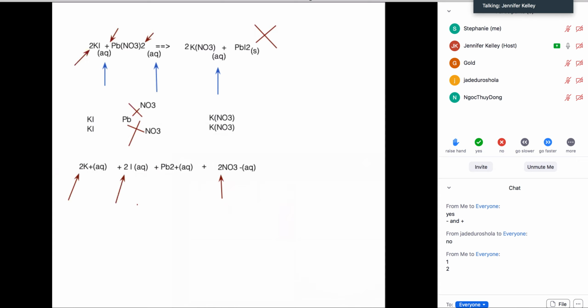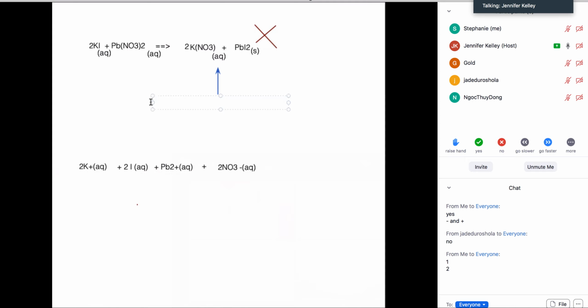All right, so let's take a look at what happens on the right-hand side. On the right-hand side, you see the blue arrow. The only thing that's going to fall apart is the potassium and the nitrate.